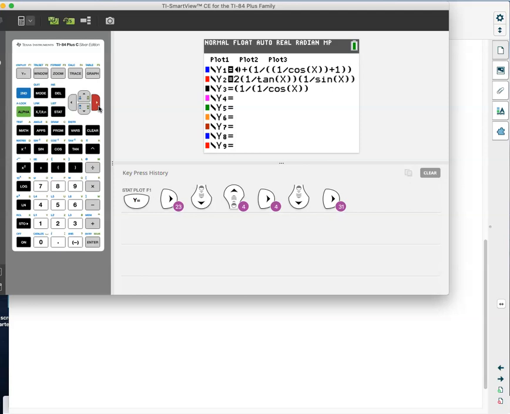But it's going to save us a lot of time because we'll know in advance which one of these is going to be the match. And then y sub 2 is 2 cotangent, 1 over the tangent of x, and then cosecant, 1 over the sine of x. And I put the third one in, but again, hoping the first two match so that we don't even have to go to that third one.